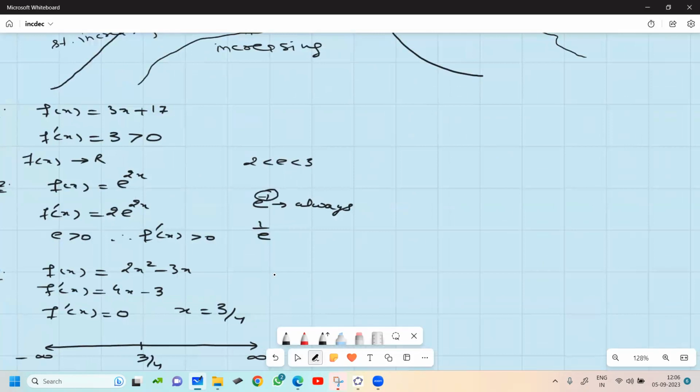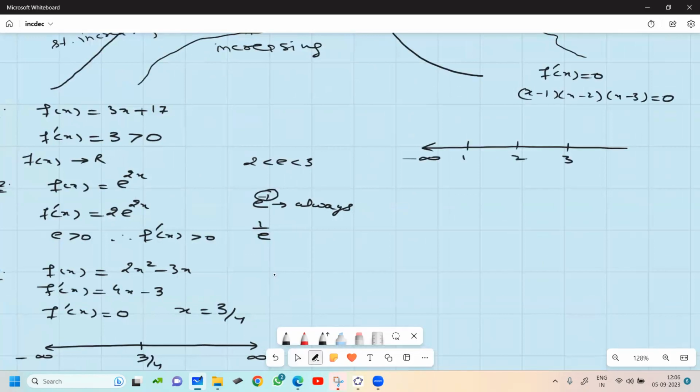Whenever you have a wavy curve method, you have to find the zeros of f dash x. When f dash x is 0 means the tangent is parallel to the x-axis. Suppose I have x minus 1, x minus 2, x minus 3 equal to 0. So the points are 1, 2, 3, right?